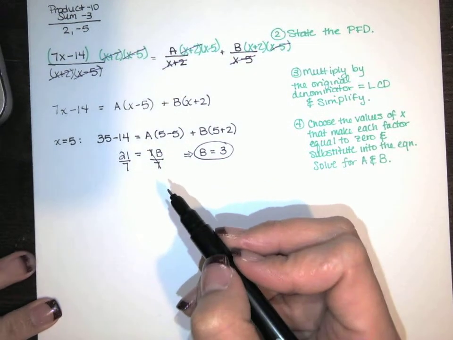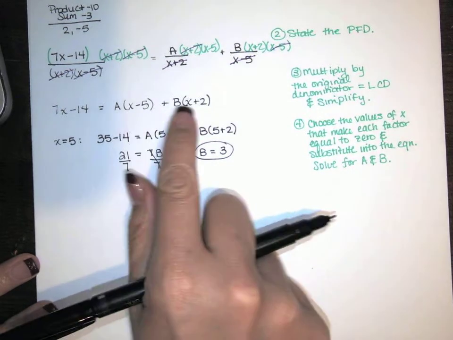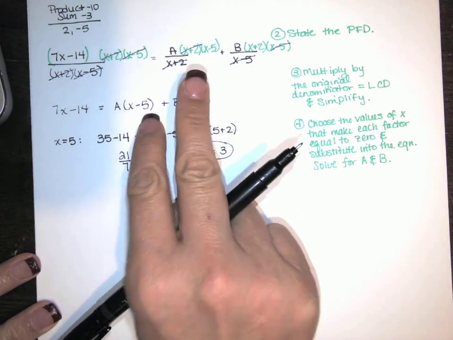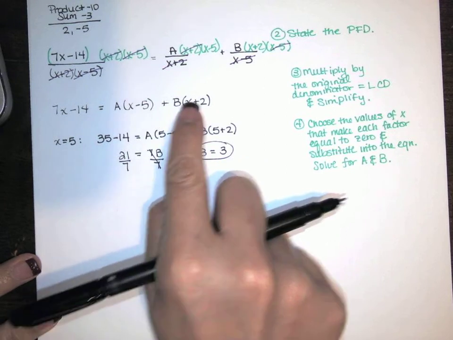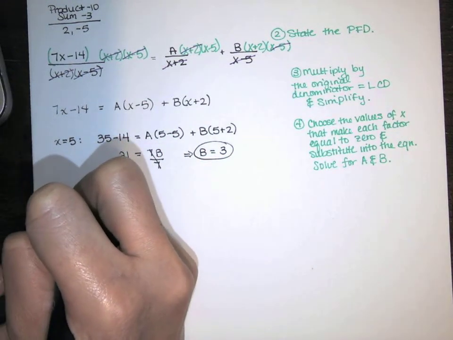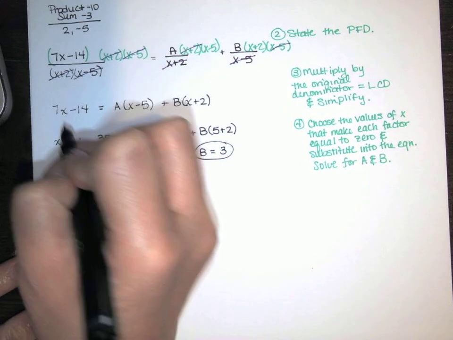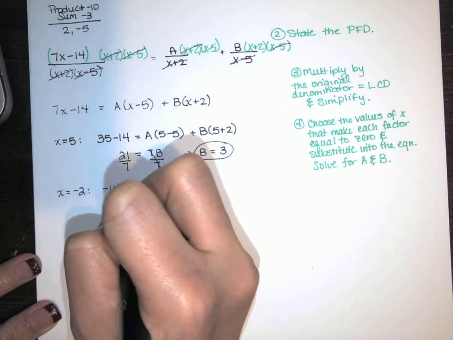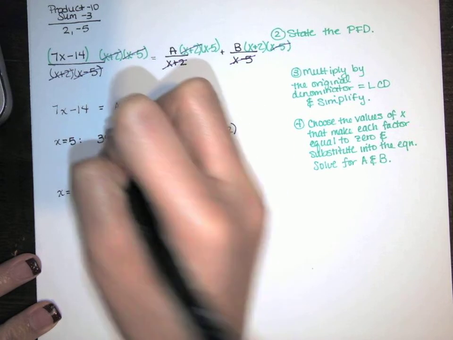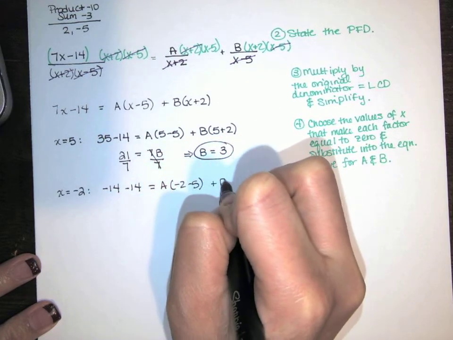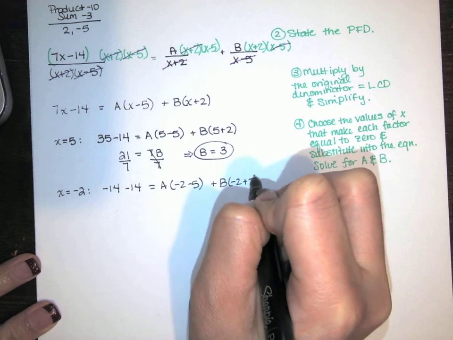Now, in order to solve for a, I want this factor to be 0. So this guy would be gone, and then I'll just have a times a constant equals a constant. To make this guy 0, x would have to be negative 2. So we get 7 times negative 2 is negative 14, minus 14, equals a times negative 2 minus 5 plus b times negative 2 plus 2.